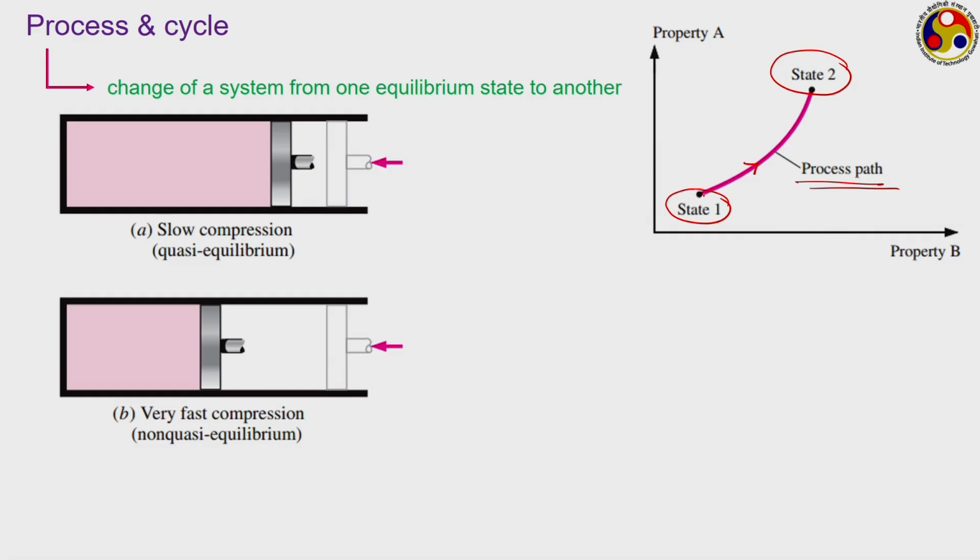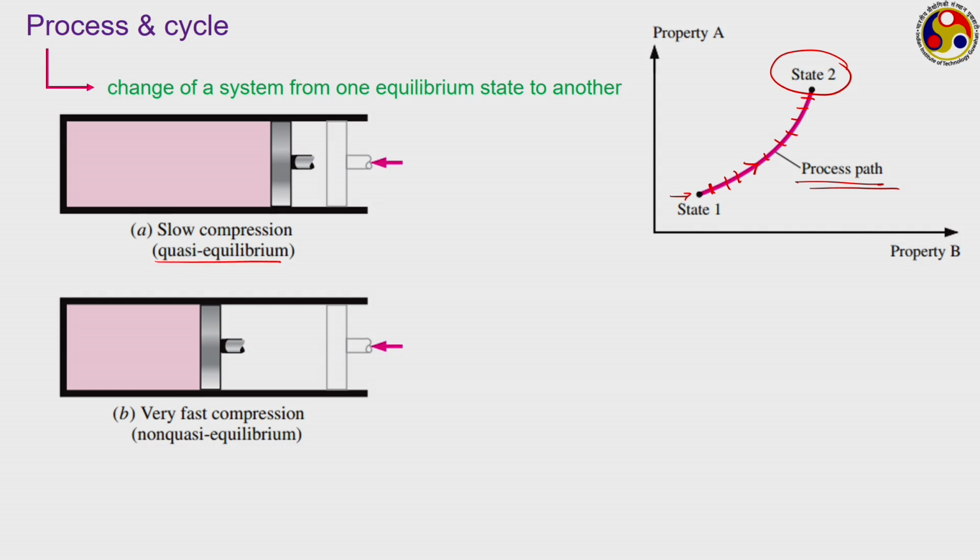This is the starting point, and on application of certain force, if we are doing it slowly, then we can almost identify all these intermediate states, and we can also assume that each of these intermediate states is in equilibrium or at least very close to equilibrium, something we call a quasi equilibrium.